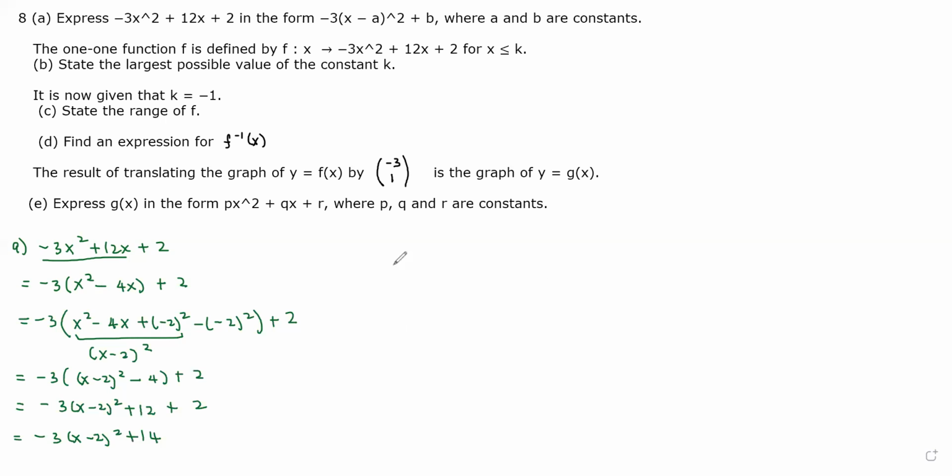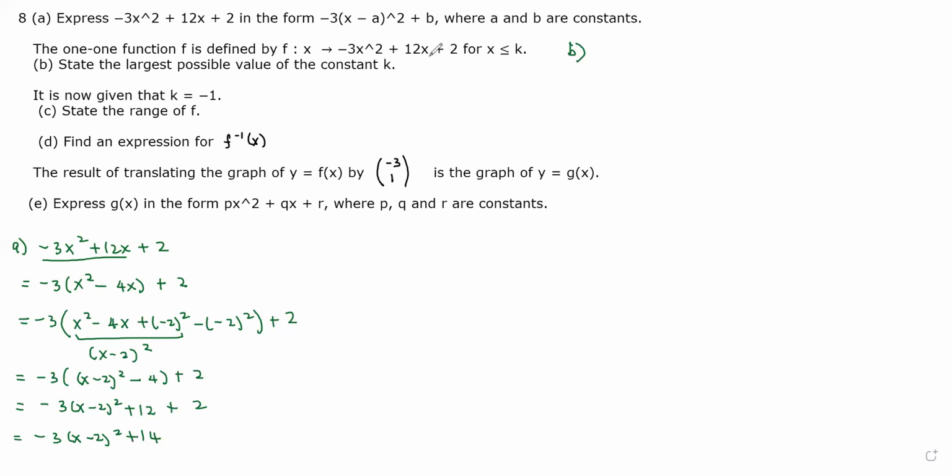It is given a one-to-one function. So the function f is 1-to-1, and this f of x is actually the quadratic given in part A, and this function is 1-to-1 for x less than or equal to k. Now let's look at this.